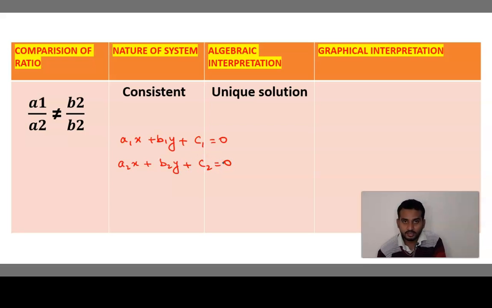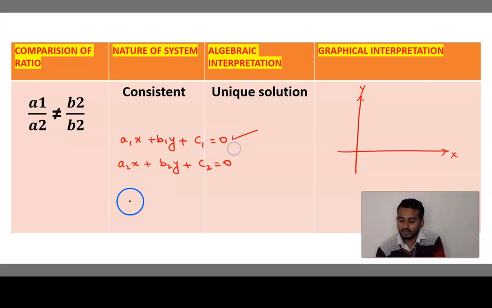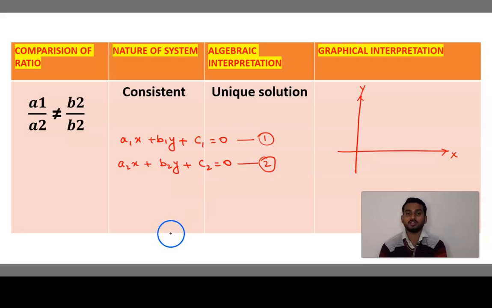Is this clear? Good. Now let me draw a Cartesian plane. So this is our x-axis and this is our y-axis. Now what is equation 1? a1x plus b1y plus c1 equals 0. This is our equation 1, right? What is equation 2? a2x plus b2y plus c2 equals 0.